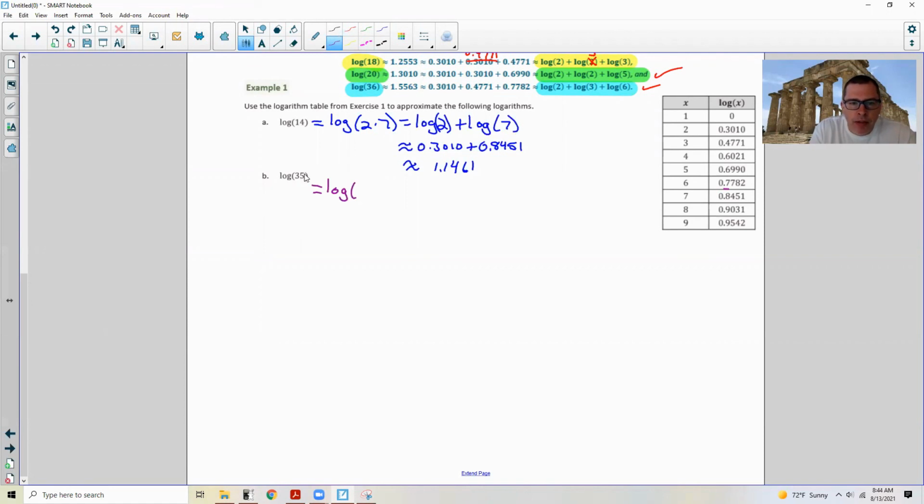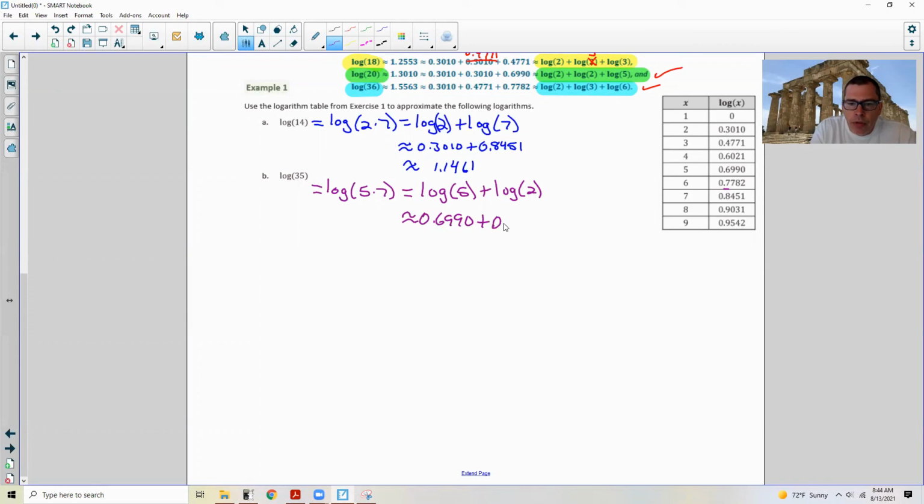All right, log of 35 equals the log of, how can I represent 35 with two numbers less than 10? In other words, what are the factors of 35? 7 times 5, right? 5 times 7 is 35. So that would equal the log of 5 plus the log of 2. So that would be an approximation. Log 5 is 0.6990, and the log of 2 is 0.3010.